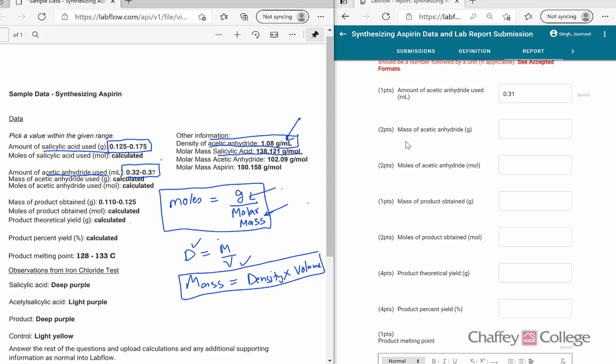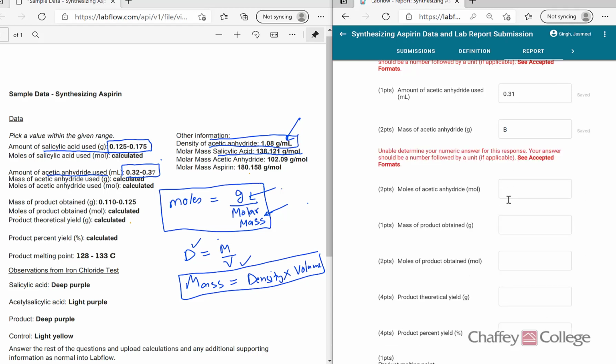So this is the formula to calculate the mass of acetic anhydride. So volume, I'm using 0.31 multiplied by density. So the value of density is 1.08. So whatever the answer is, that should go here. So I'm going to assume that this answer is B. The software again is going to give me a warning that B is incorrect. There we go.